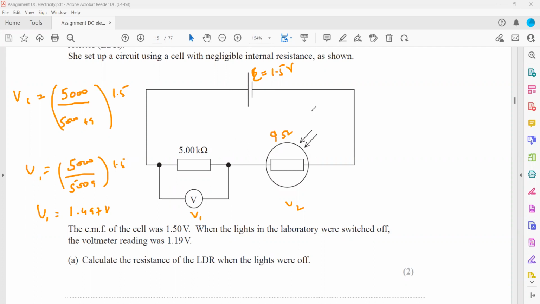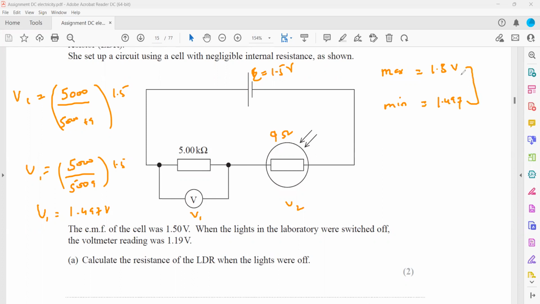So this is 1.497. How much has the reading changed? The maximum reading on the voltmeter is 1.5, because the maximum voltage can be 1.5, and when the LDR has a resistance of 9, the minimum voltage will be 1.497.